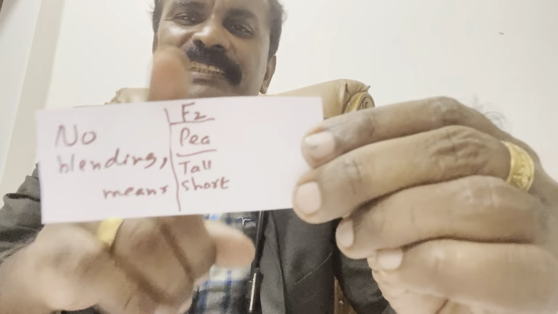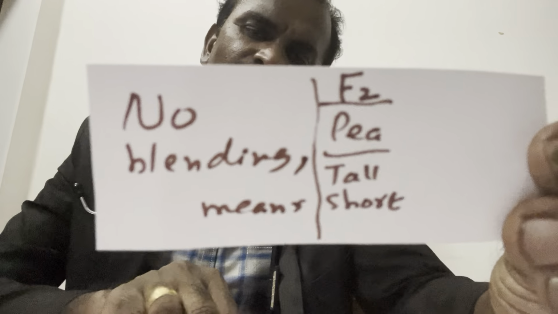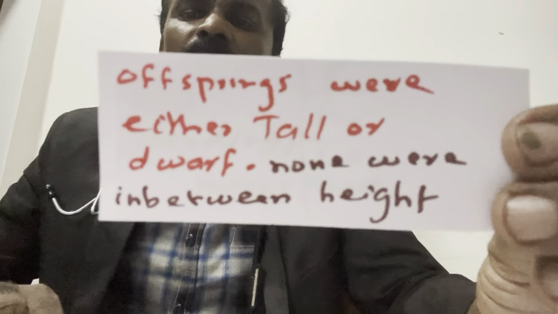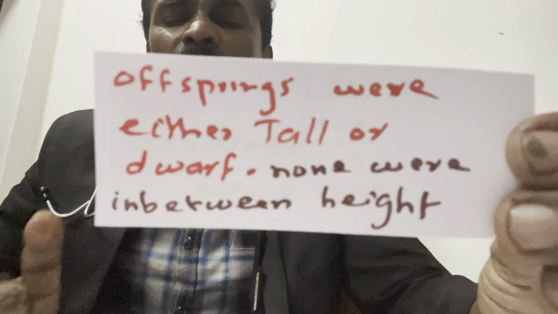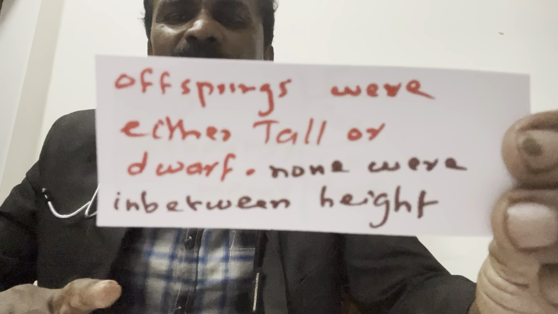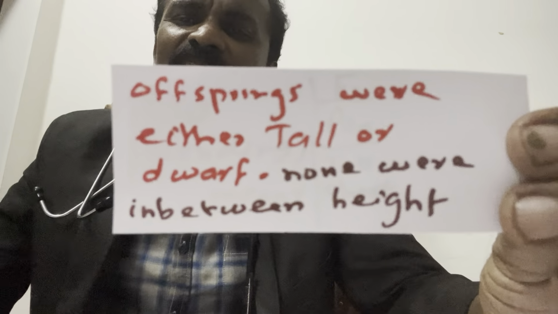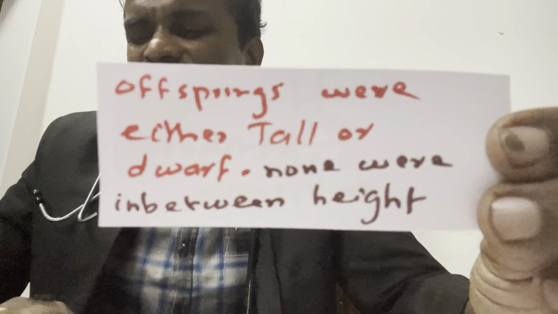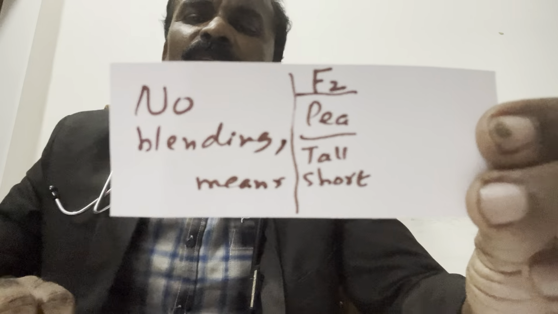What is the exact meaning of the word no blending in this case, so that you can answer so many MCQs? Offspring are either tall or dwarf, but never intermediate height. Never in between height. That is the exact meaning of no blending.